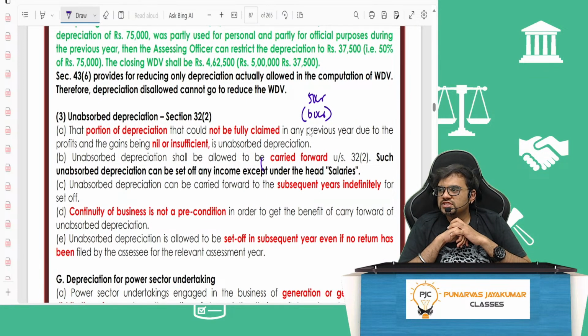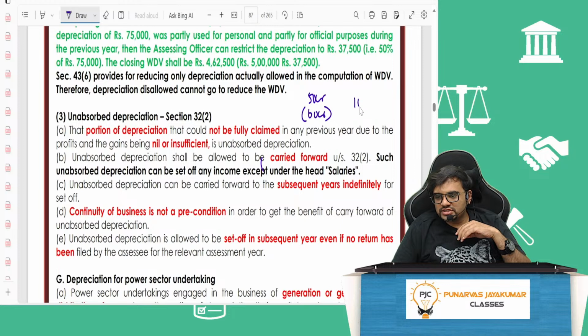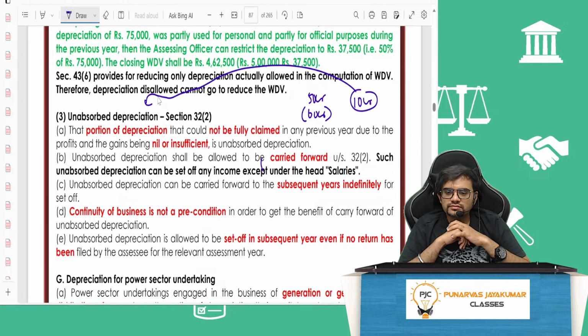So 50 minus 60, 10. I cannot absorb that extra 10 crore depreciation. That extra 10 crore depreciation which cannot be absorbed is called unabsorbed depreciation.